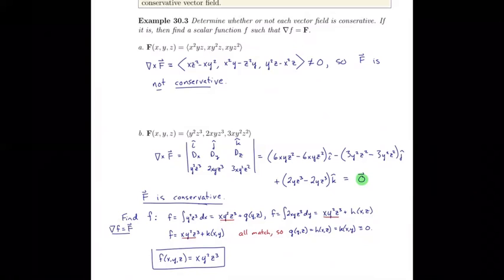And that's exactly what we do, and we know that our scalar function is this. Now it's easy to check, in this case, that the identity gradient of f is equal to the vector field f by just applying the gradient of f and going to work.